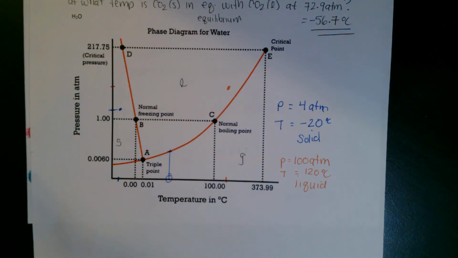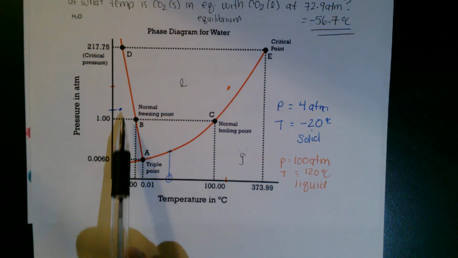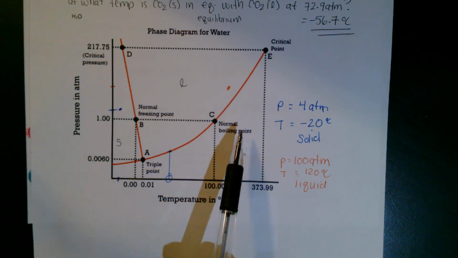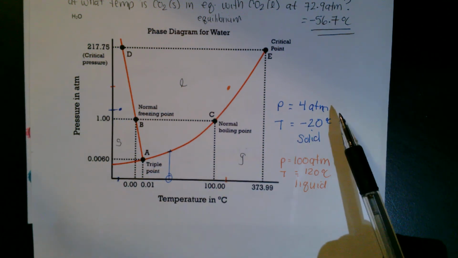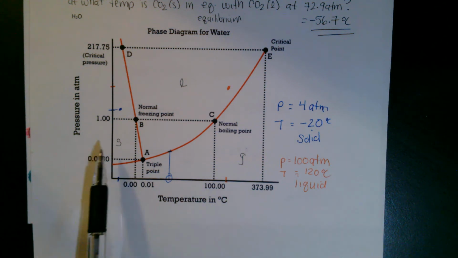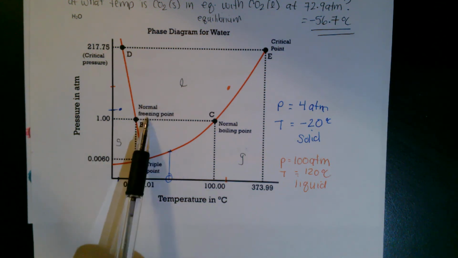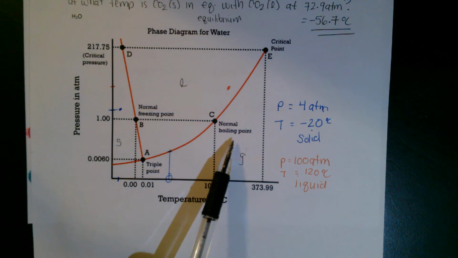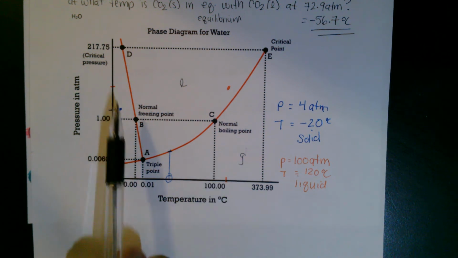Okay, so this is pretty much it for chapter 11. So being able to look at and read a phase diagram, again, being able to identify which particular phase you would be in at a pressure and temperature. Also, again, recognizing that freezing point and boiling points do change with pressure.